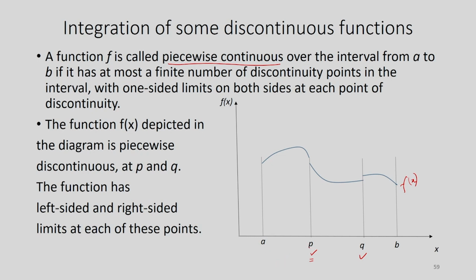Okay. So, if x approaches P from the left hand side, then the value of the function actually approaches this value, right. So, there is a limit from the left hand side, and from the right hand side also there is a limit at P, but these two limits are not same. So, that is why at P the continuity is not there.